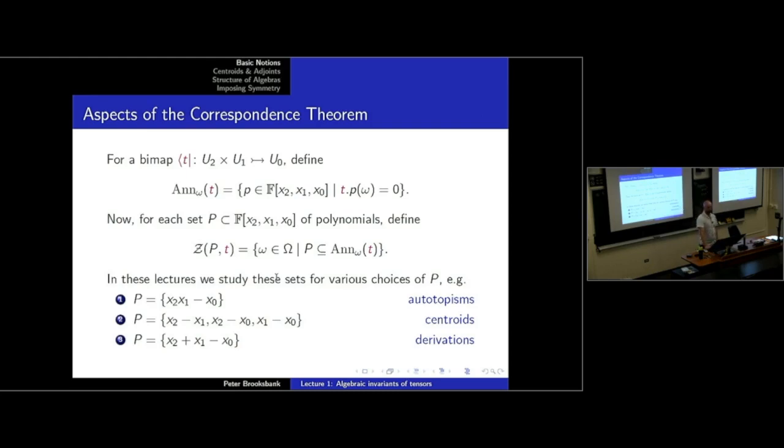If you take these three polynomials, x2 minus x1, x2 minus x0, x1 minus x0, as a set together, then you get what's called a centroid. And similarly, if you take this nice polynomial that you may recall from yesterday, x2 plus x1 minus x0, you get a set that we'll call derivations.